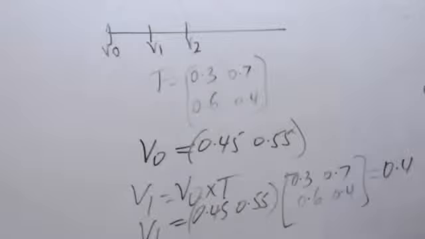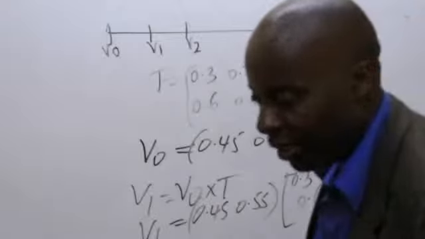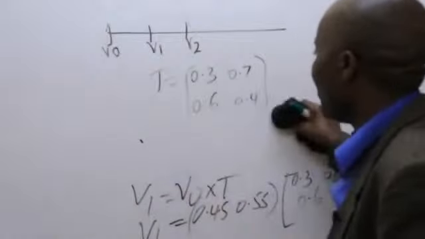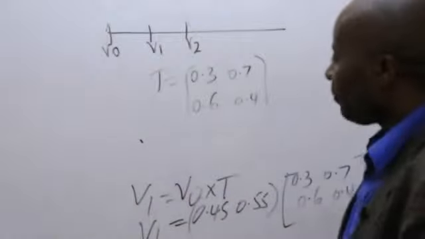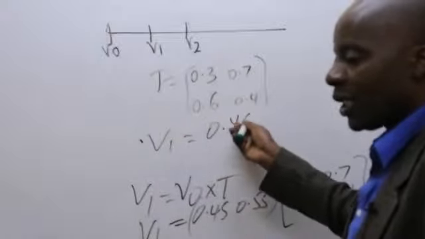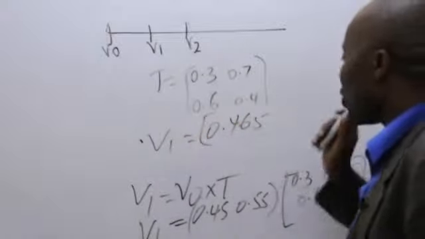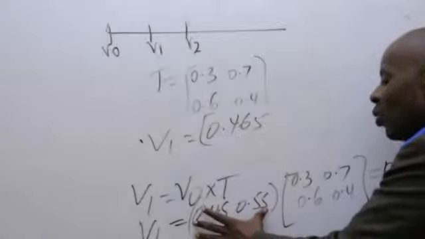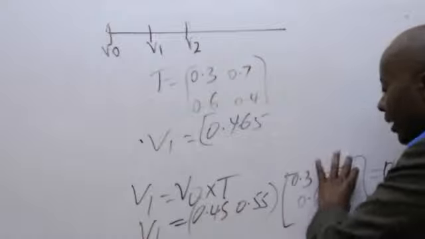According to Dahir, the first component of vector 1 is supposed to be 0.465. How about the second component? How do I get the second component? To get the second component, I will take this row by the second column.